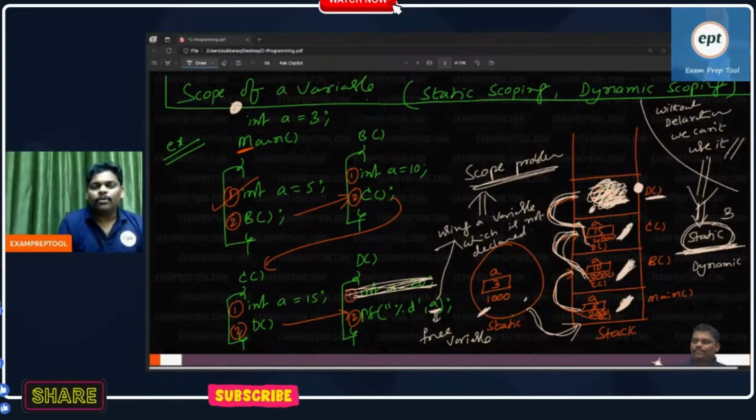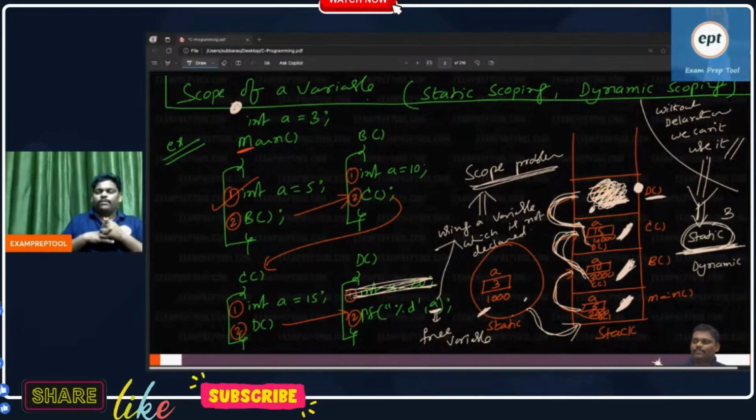Can anyone help, which one is easy and which one is difficult?